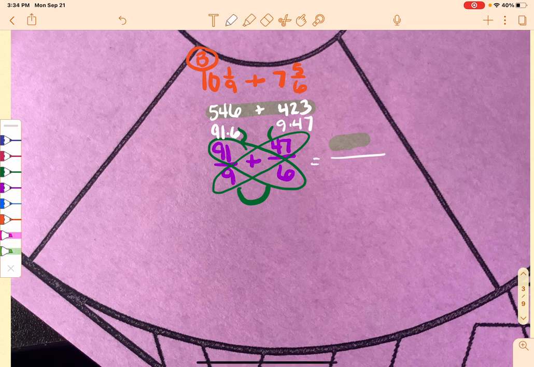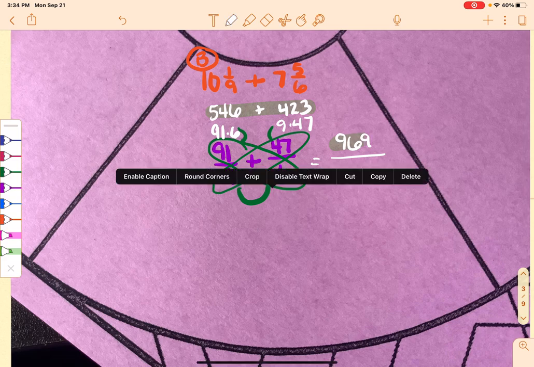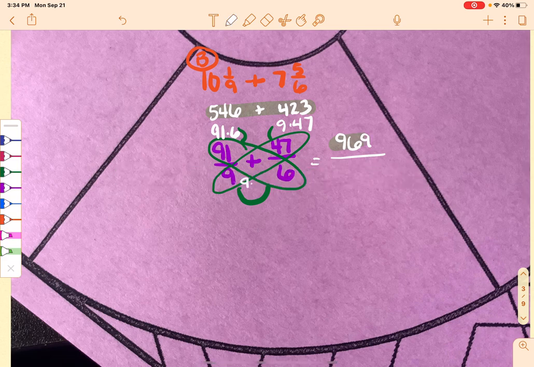So 546 plus 423 is 969 in the top. And then I'm going to deal with the bottom ones. So I have 9 times 6, which is 54. It's going to go there.